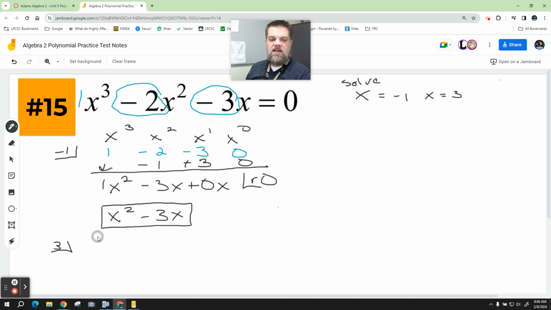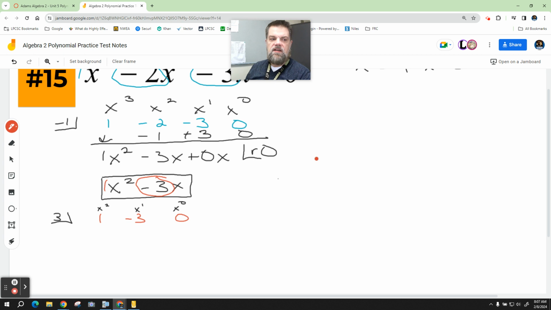So I need an x squared, I need an x to the first power, and I need an x to the 0. Again, I'm going to say 1 and negative 3. So this will become 1, this becomes negative 3. And then I don't have a constant, so I have to tack on the 0. Okay? Let's do this one.